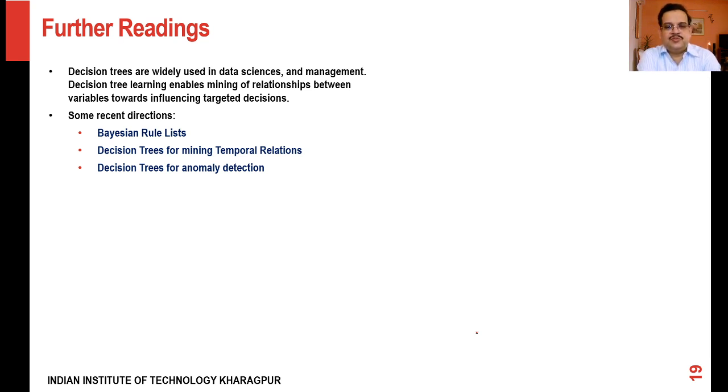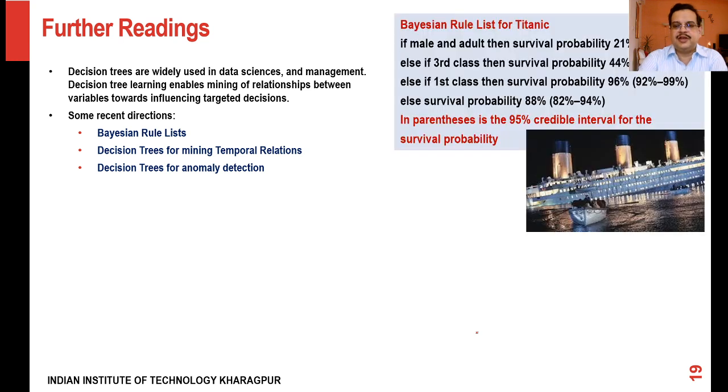So the first one is Bayesian rule lists. Bayesian rule lists are somewhat like decision trees, but instead of having a tree structure, they have a list-like structure, where the list is like a nested if-then-else.